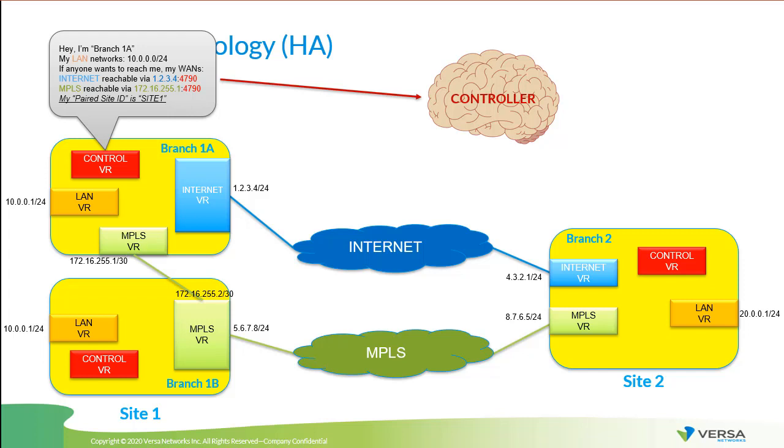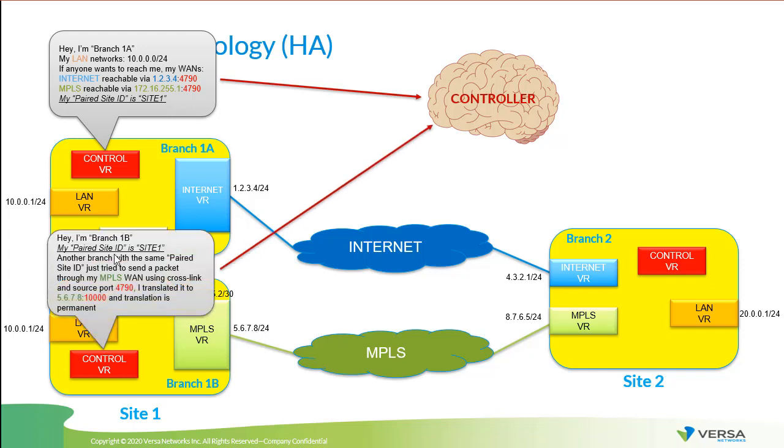So as soon as the very first packet that is sourced from 172.16.255.1 leaves the box and traverses through branch 1B, branch 1B will send information to the controller. Hey, I'm branch 1B and I have a certain parameter that is called paired site ID. In this case, it's going to be, for example, site 1.